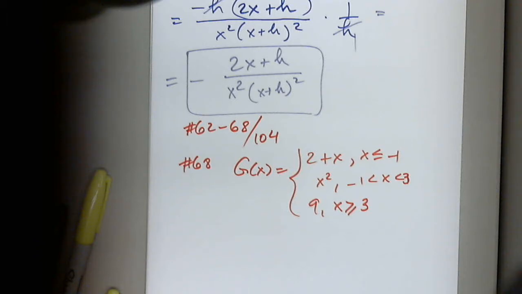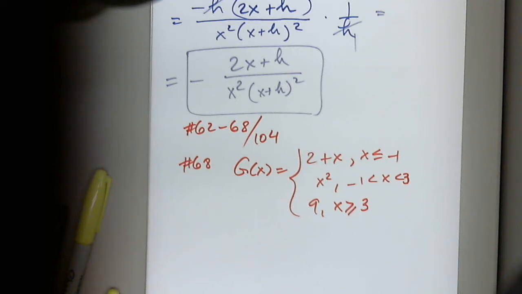Which means these 3 pieces cannot overlap. In other words, for the x values between -∞ and -1, the function is this. And it cannot change and it cannot be extended. Between -∞ and -1, I have one function. I'm done. I move on to the next piece.